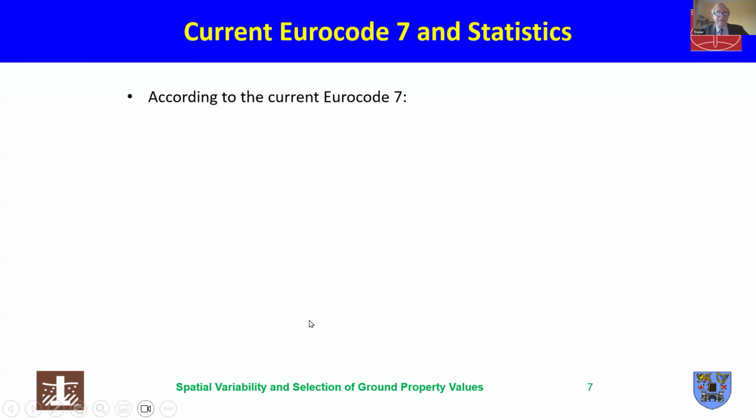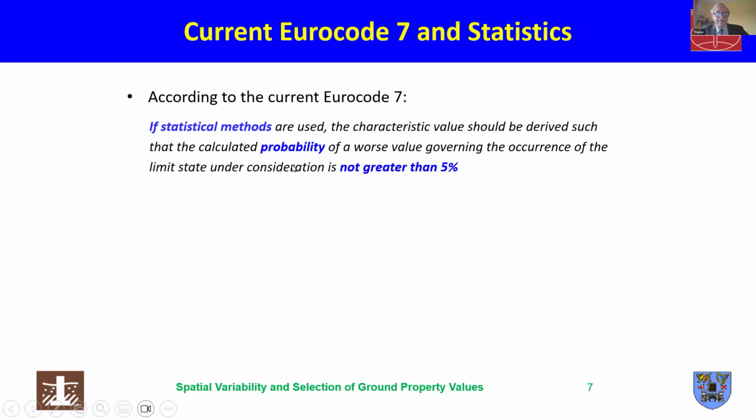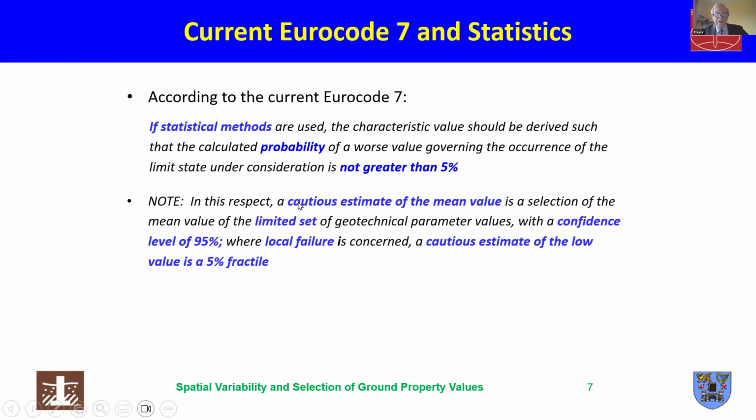So the current Eurocode 7 does say a bit about statistics. According to the current version, it states that if statistical methods are used, the characteristic value should be derived such that the calculated probability of a worst value governing the occurrence of the limit state under consideration is not greater than 5%. And in this respect, a cautious estimate of the mean value is a selection of the mean value of the limited set of geotechnical parameter values with a confidence level of 95%.